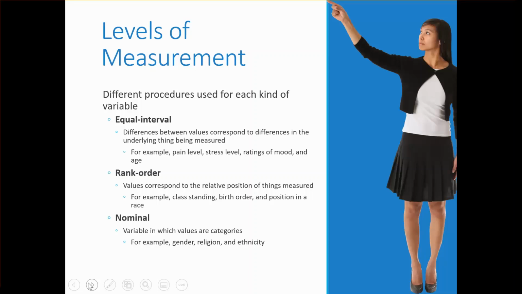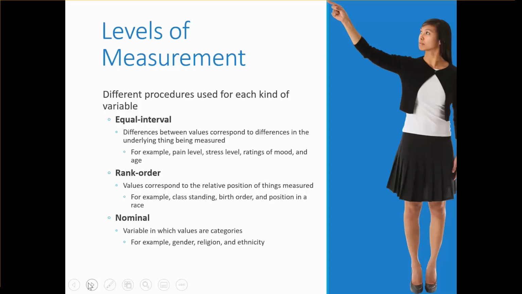So for the equal interval variables, we use the differences of values that correspond to the differences of the underlying thing being measured. So for example, your pain level, we would presume that if you have a 2 of pain on a scale of 1 to 10, and you had a pain level of 4, that it would be twice as bad as the pain at level 2.